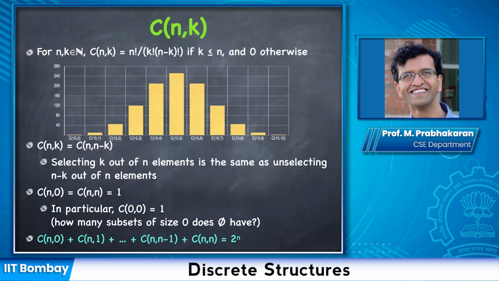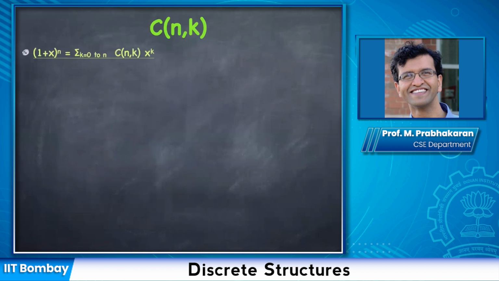Because C(n, K) is counting the subsets of size K. By summing up over all K, I am counting the total number of subsets, right? And the total number of subsets of a set of size n is 2 to the n. This includes the empty set and the complete set. If you sum the counts of all sets of different sizes, you'll get the count of all subsets, and that's 2 to the n.